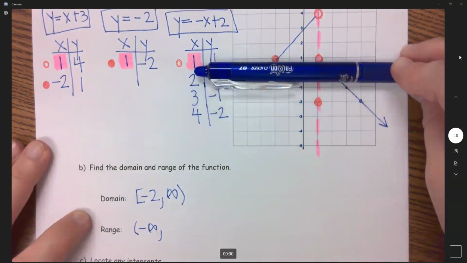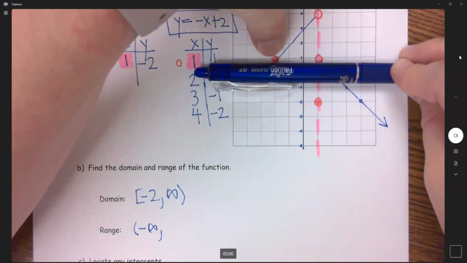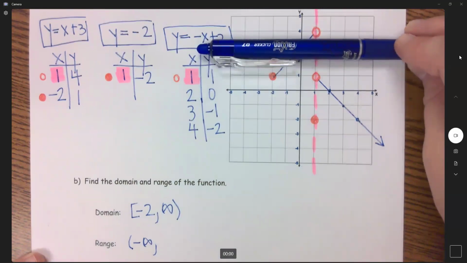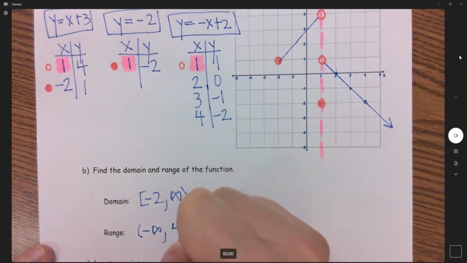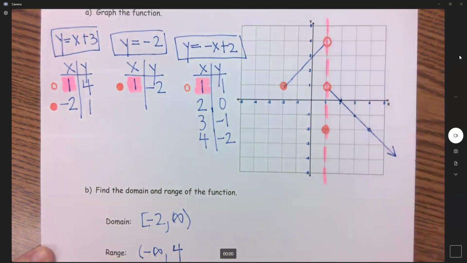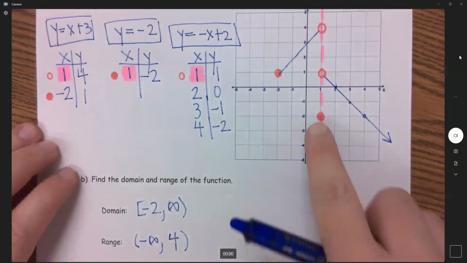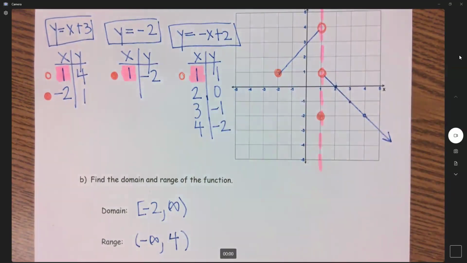Here, I at least have 1 y value. We don't have a y value here because we have an open circle, but I do have a y value here of 1. So there's no break. We keep going up, and then it ends right here at 4. And because this is an open circle, parentheses. So my range here is -infinity to 4. So again, here we have 2 y values, and here I have at least 1 y value, so no break.